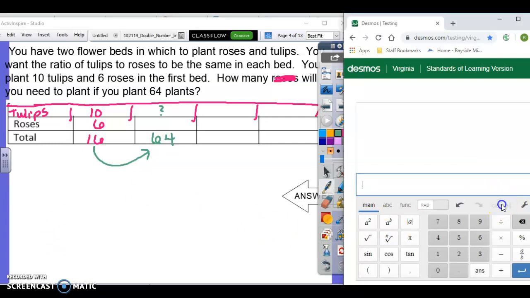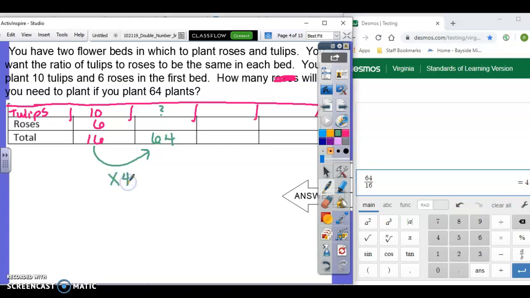So I'm going to type in 64 divided by 16, and it gives me 4. So I know that 16 times 4 gives me 64, and I'm trying to find out how many tulips there are, so I'm going to do the same thing here. So 10 times 4 gives me an answer of 40.